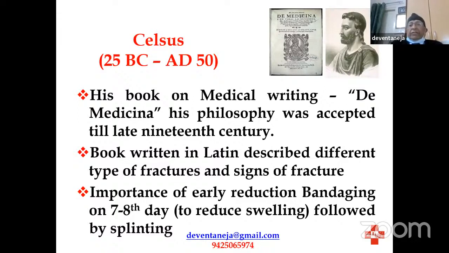His book on medical writing, De Medicina, his philosophy was accepted till the late 19th century. The book, written in Latin, described different types of fracture and signs of fracture. Importance of early reduction and bandaging on the 7th or 8th day to reduce the swelling.